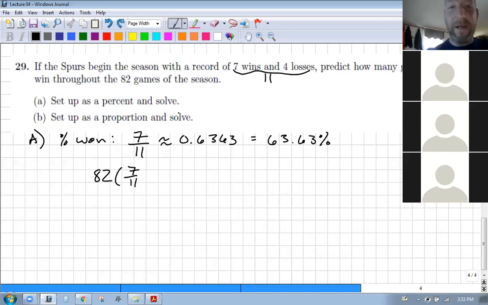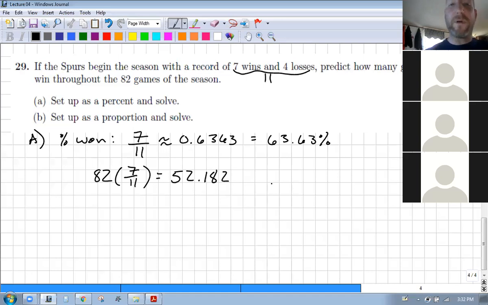It's the same value. So I'm going to use the 7 over 11. So I get an exact number. I don't want to lose information if I don't have to. Oops, 82 times 7 divided by 11 is 52.182. I'll round it to there.